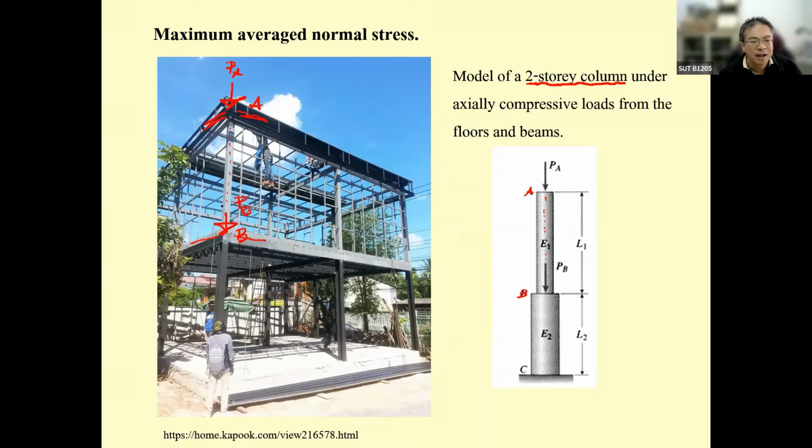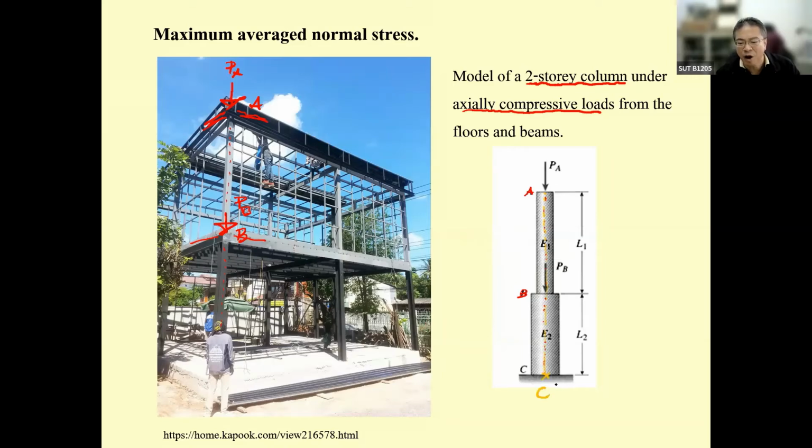What happens is the column on this portion and the column on this portion are different sizes. You may model it with the larger column. Anyway, it's under axially compressive load. That means the column is subject to the load applied along this line and passing to this point.